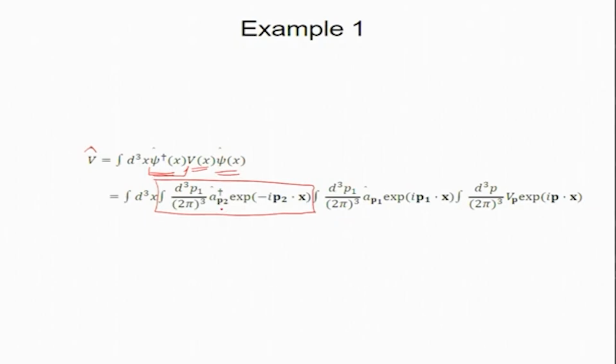It is a dagger p2 exponential minus I p2 dot x, and integrate. I made a mistake, this is p2. So this is the definition. This creation operator in real space is written in Fourier space, and as I said, a lot of calculations are done in Fourier space.